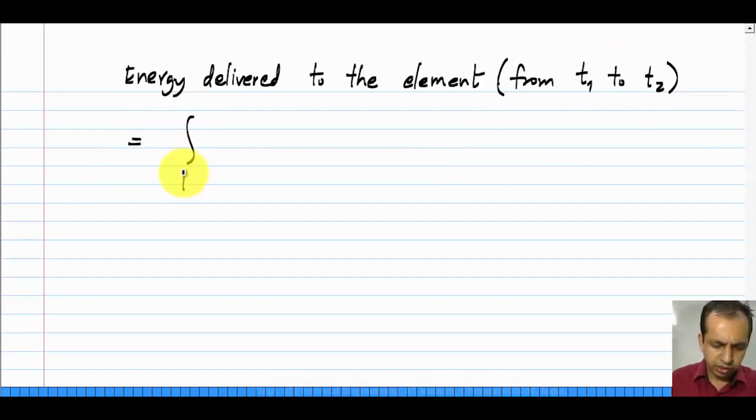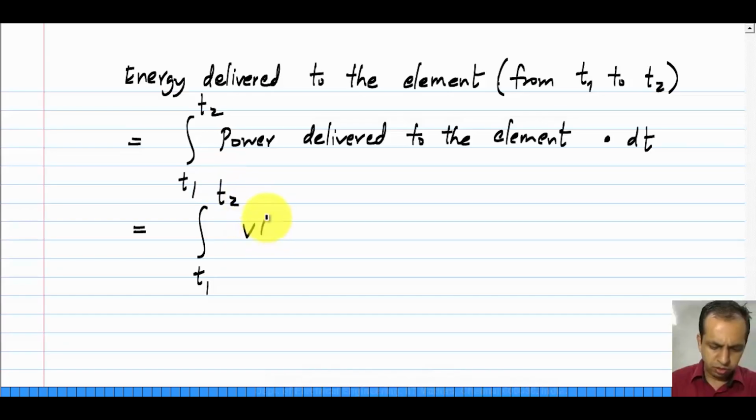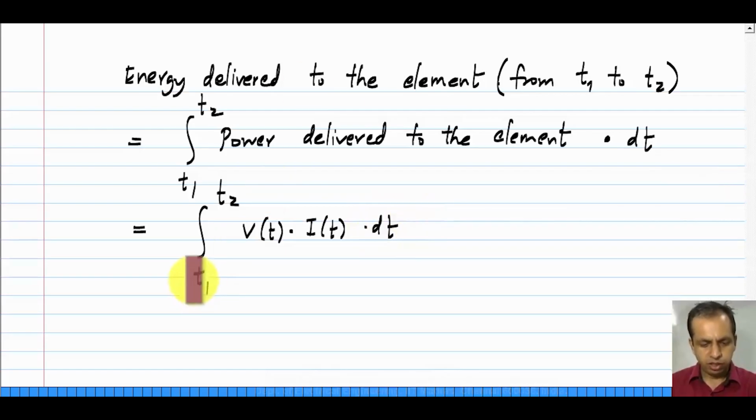This will be the integral from T1 to T2 of the power delivered to the element with respect to time. In other words, the integral of V times I with respect to time over a certain interval T1 to T2 is the energy delivered to the element from T1 to T2.